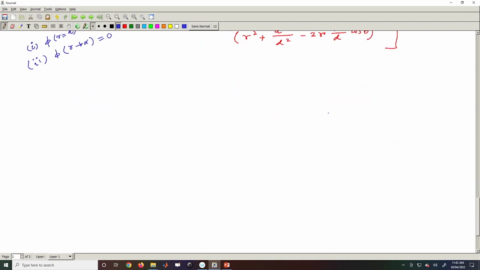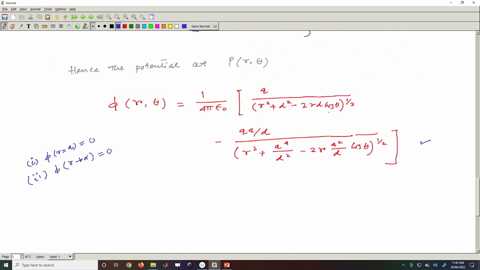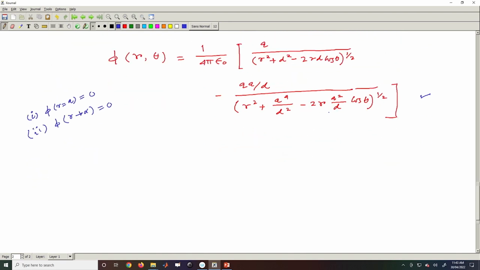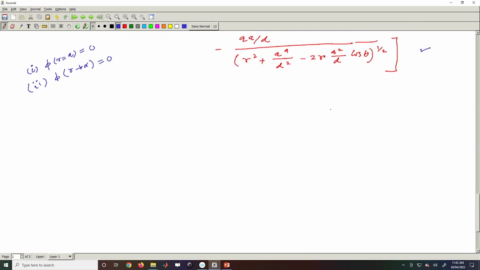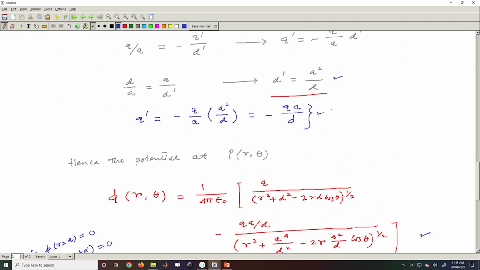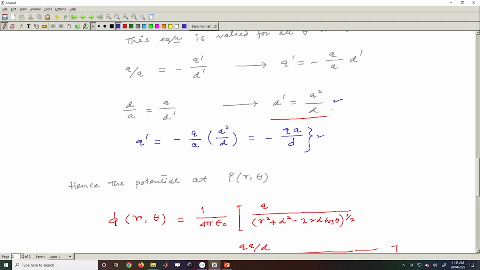Well, now we would like to check the potential. Exploiting the value of the potential, we would like to check whether the induced charge that we calculated is really the value of this quantity, q a divided by d, or not.